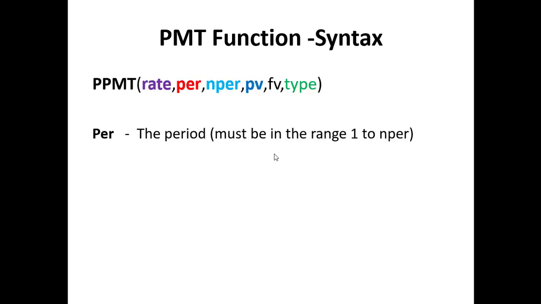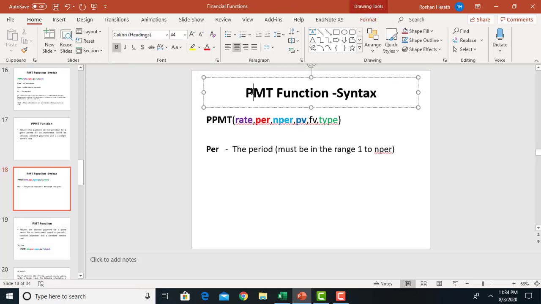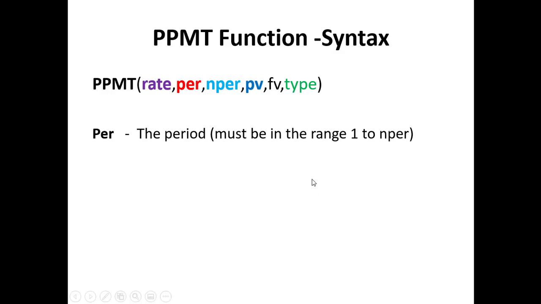When we come to this PPMT function, all the information that you witnessed earlier in the PMT function is there. Sorry, it should be the PPMT function. All the things that you witness in the PMT function are here.